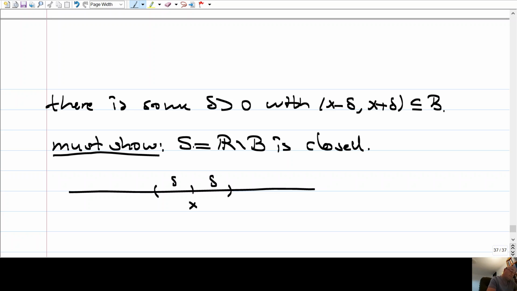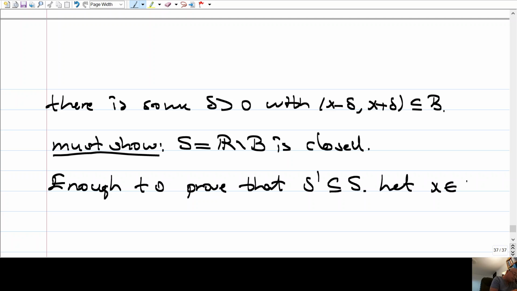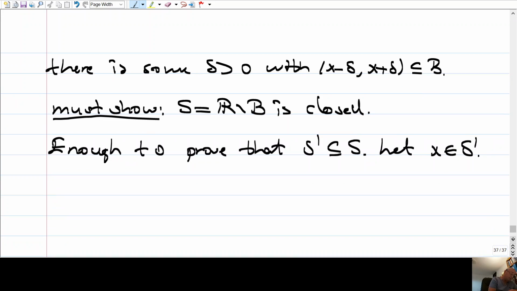To show that this set is closed, I have to prove that its derived set is contained in S. All right, so enough to prove that S prime is contained in S. Now let X be in S prime, an accumulation point.